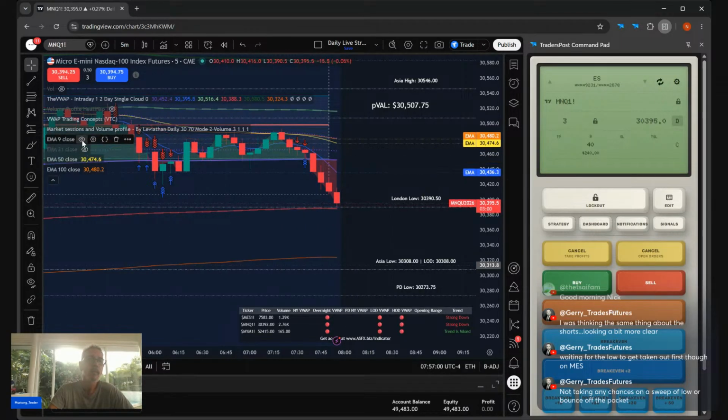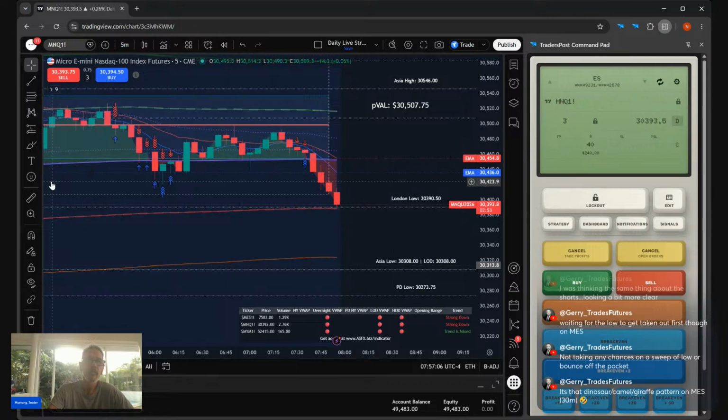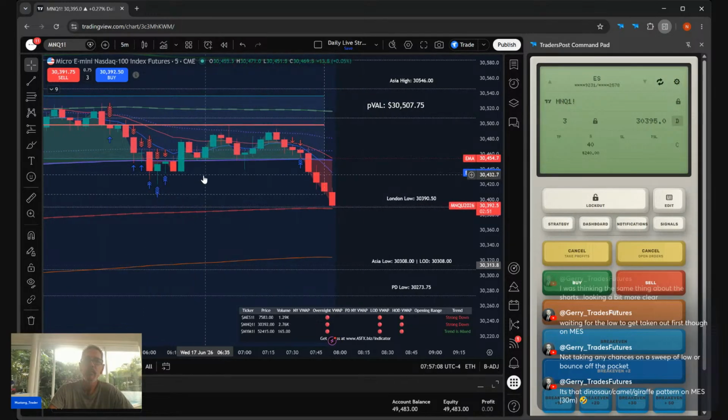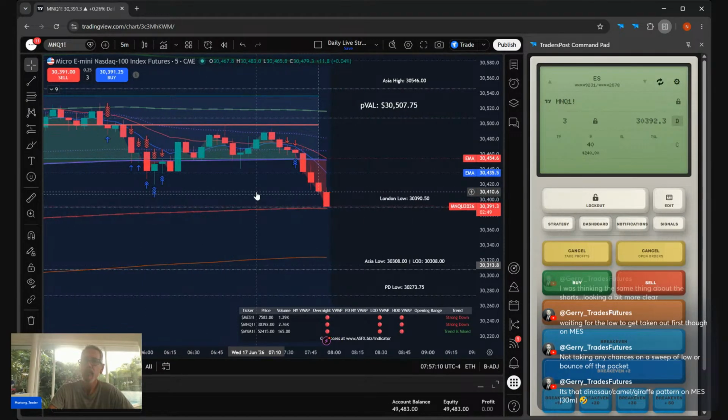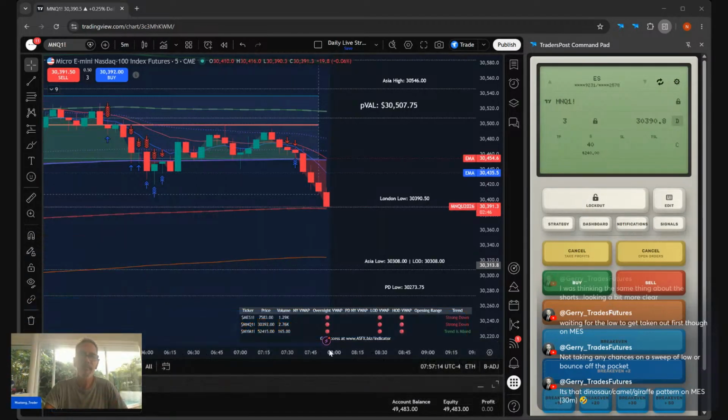Gotta get rid of these damn lines on here. Dinosaur camel giraffe pattern on MES on the 30-minute.